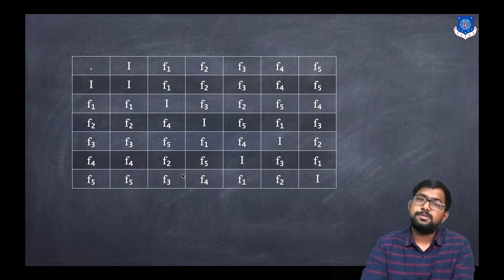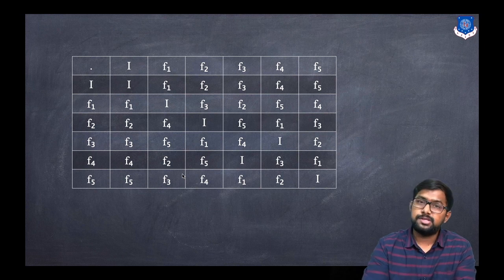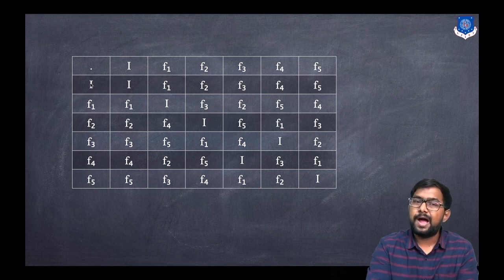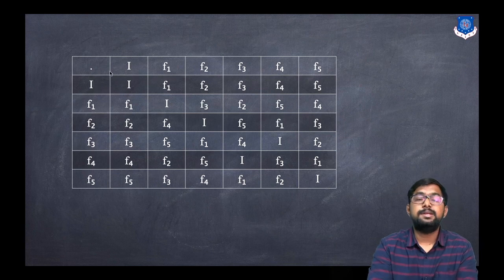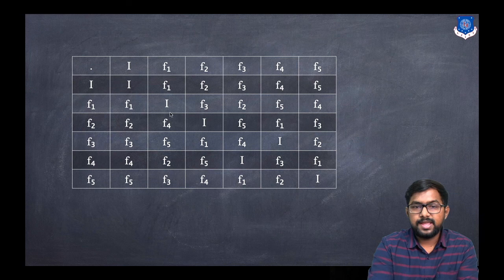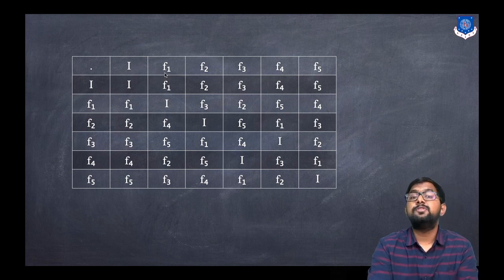Now for inverse, we need to find the element which, composed with the element, gives I. Now I into I is I, so I is its own inverse. Now for F1, if we compose F1 and F1, then we get I. So F1's inverse is F1.